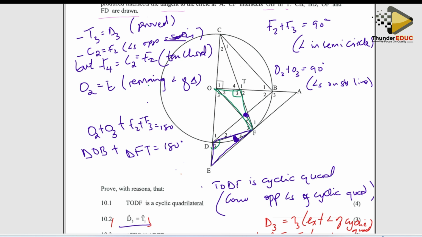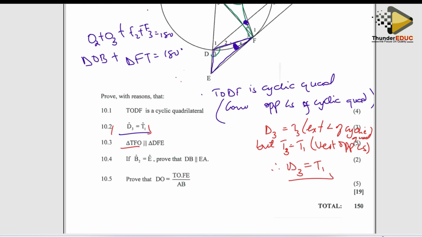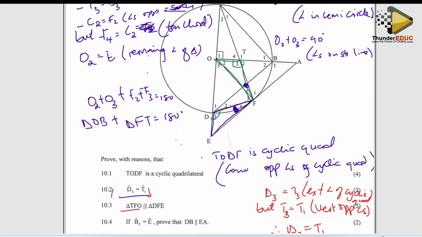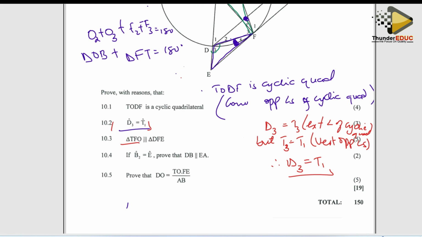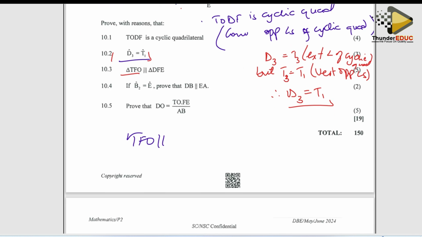So that was the term short for F4 to be the same as C2. Okay, so having obtained the three facts, we can say that therefore TFO is similar to DFE. Similar to DFE, reason: angle, angle.